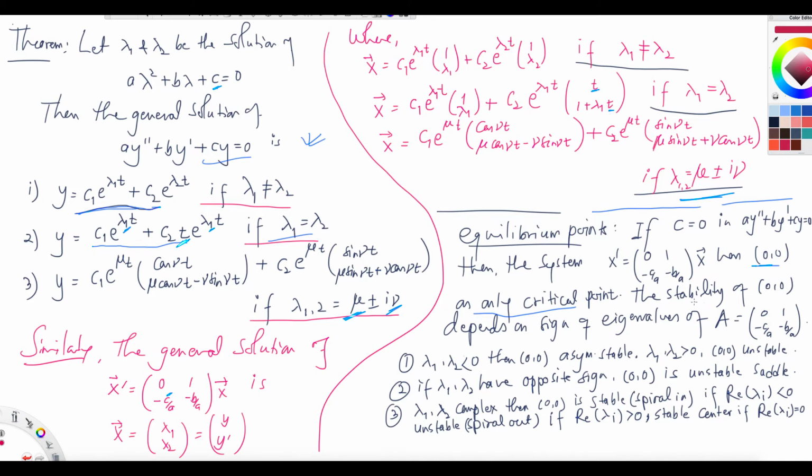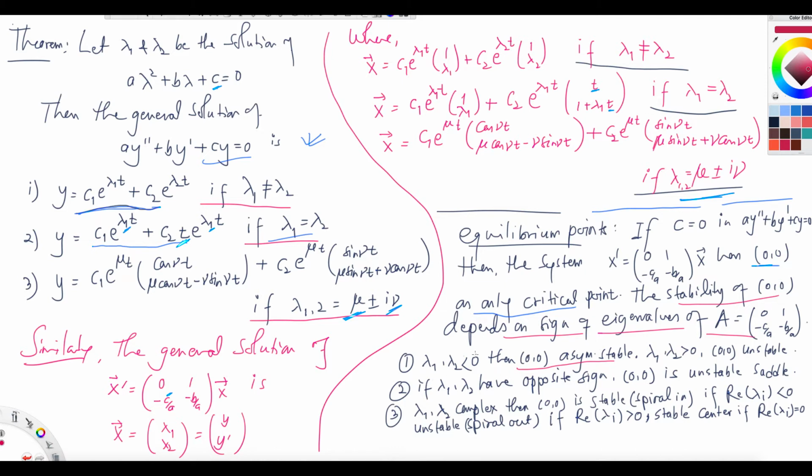To find out the stability of (0, 0), whether it is stable or unstable, you look at the sign of the eigenvalues. If λ1 and λ2 are less than 0, then (0, 0) is asymptotically stable, meaning that as t tends to infinity, all the solutions approach 0, the origin.